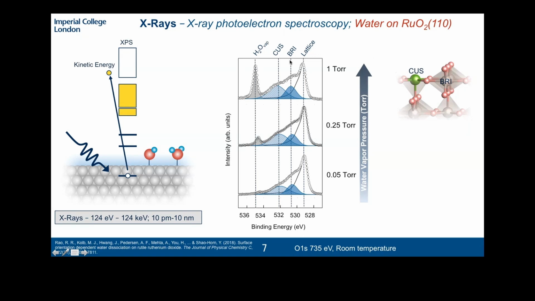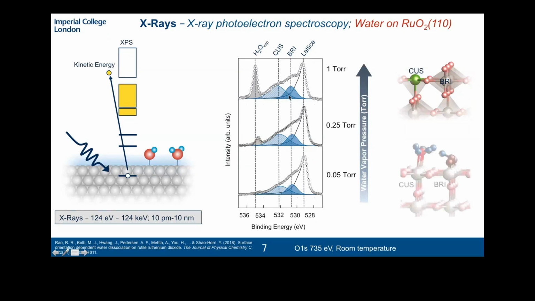And most interestingly, at least from an electrochemical perspective, is this case where you have really high water vapor pressure. So that mimics most closely this kind of electrochemical environment where you have an entire layer of liquid on the sample. And here what we see is that the intensity of this peak of the CUS site is about twice that of the bridge site.